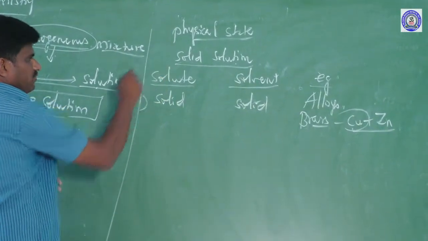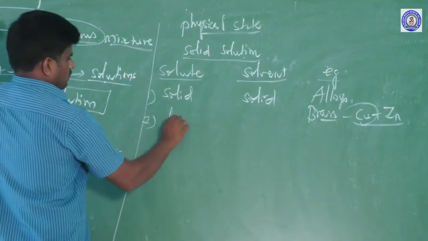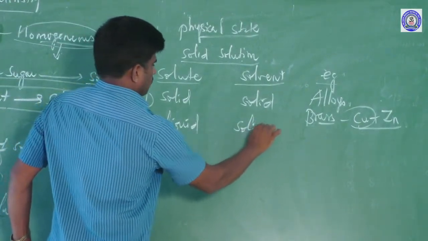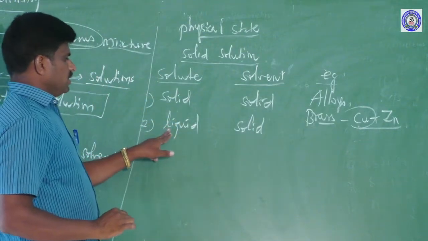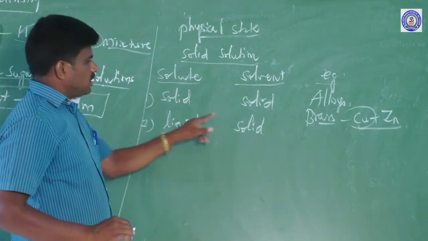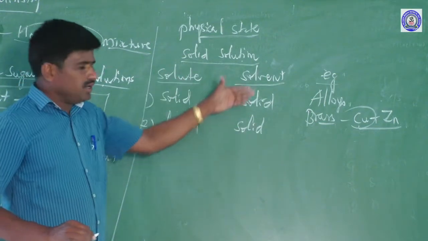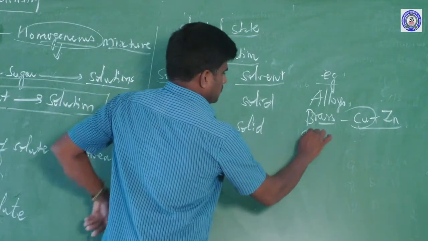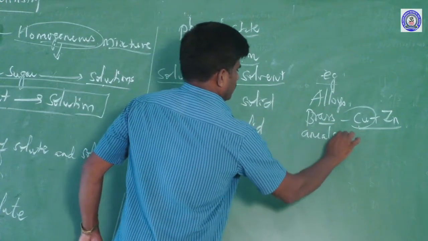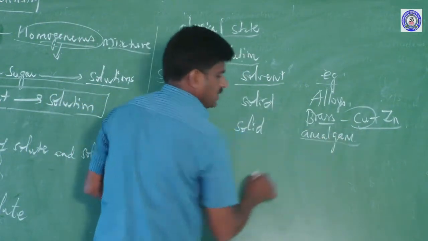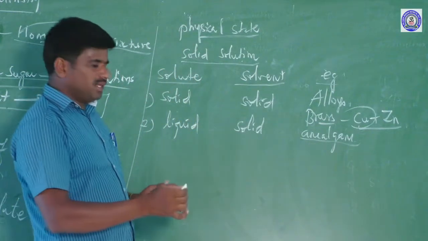The second type of solid solution is liquid in solid. We take a liquid solute and a solid solvent. The best example is amalgam. Amalgam is generally mercury with some other metal.